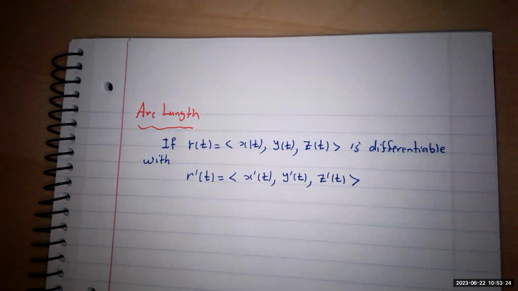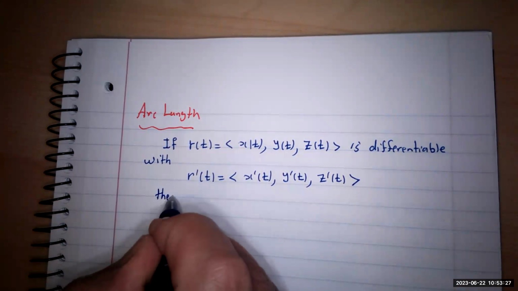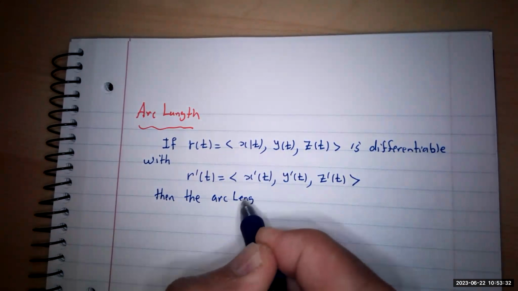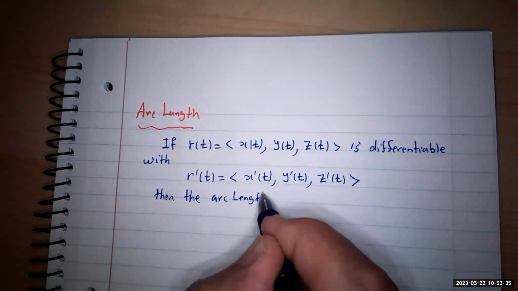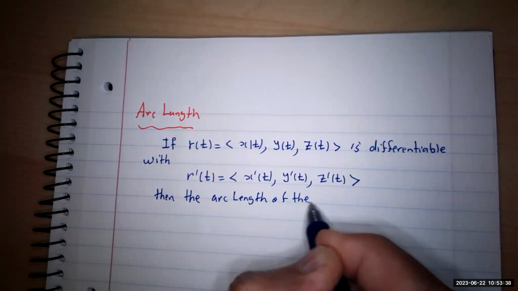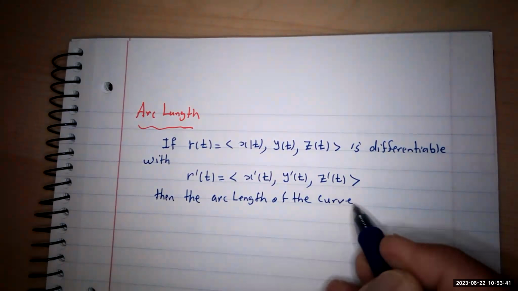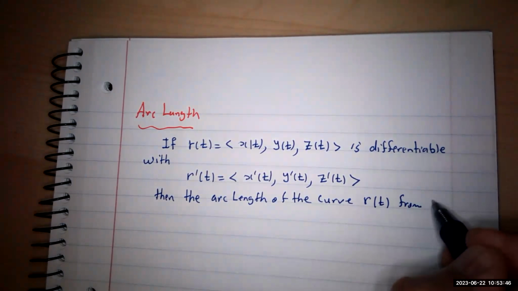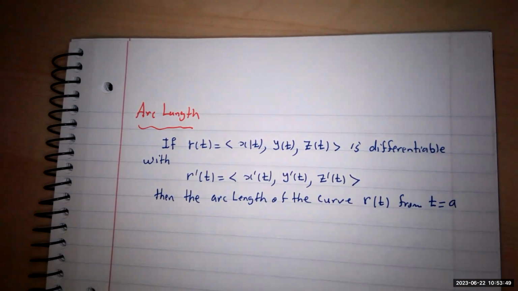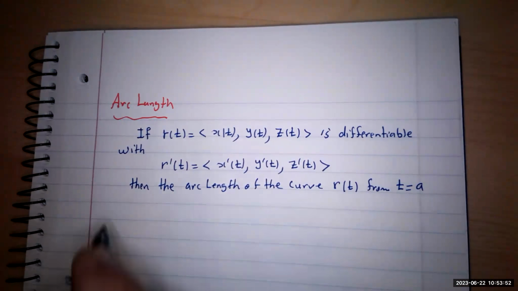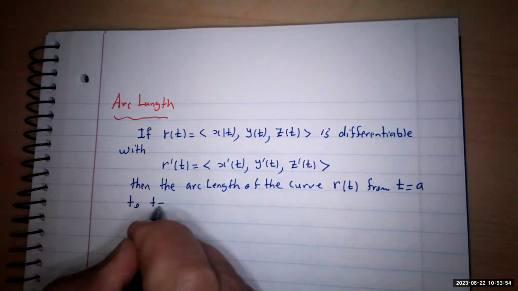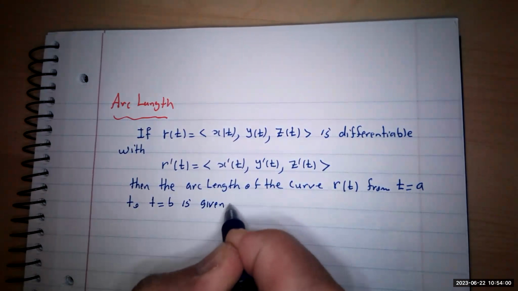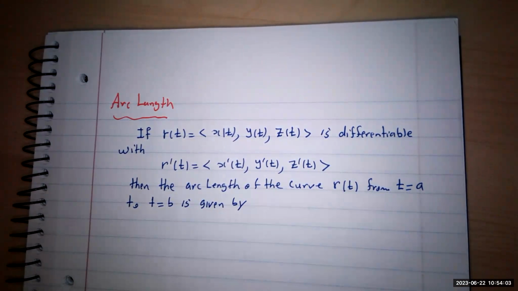If this is the case, then the arc length of that space curve, the curve r of t from t equal to a to t equal to b, is going to be given by that extension that I formed.